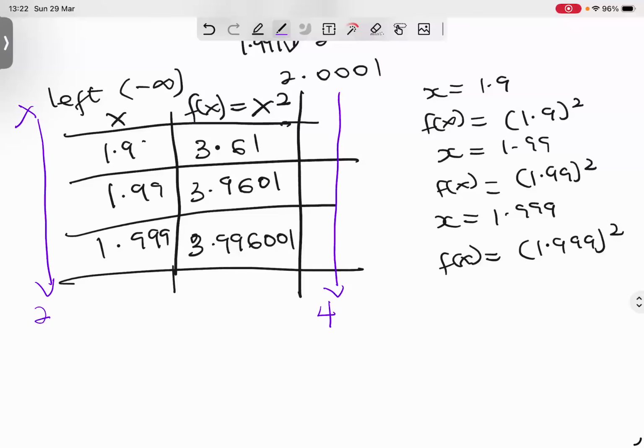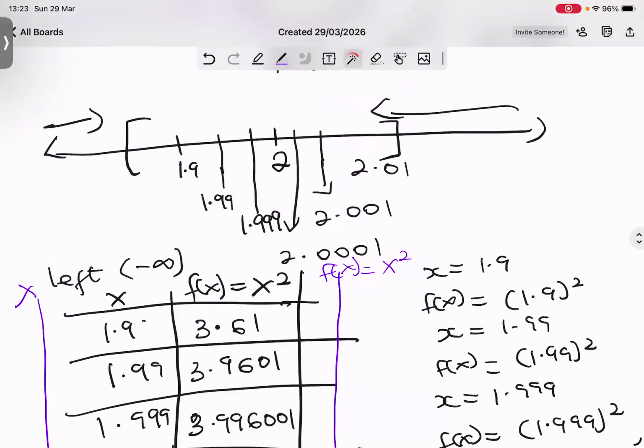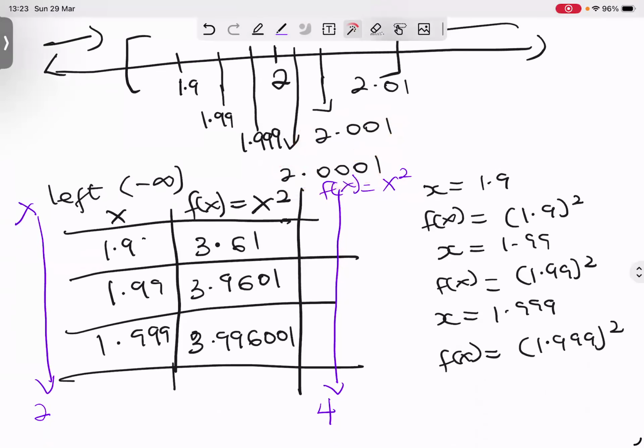All right, so as x is approaching 2, our f of x, which is the function we are using in this case, x squared, is approaching 4. Meaning, if we evaluate f of x from the positive infinity direction, using the numbers we picked for x, 2.01, 2.001, and 2.0001, and f of x is also approaching 4, then it means that the limit of f of x as x approaches 2 is 4.